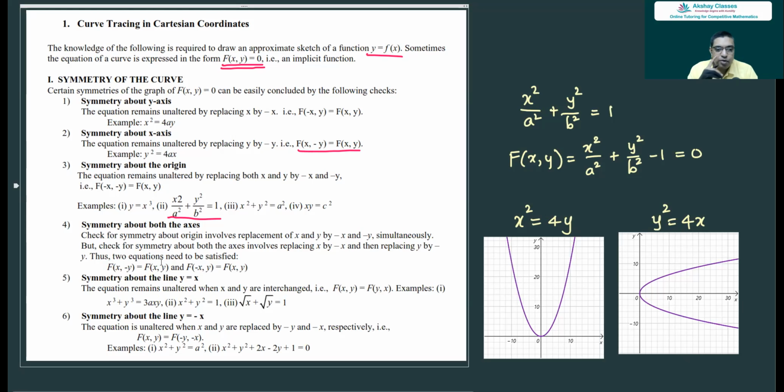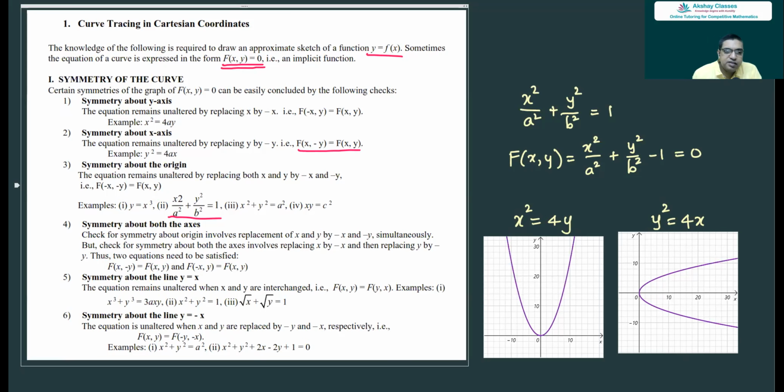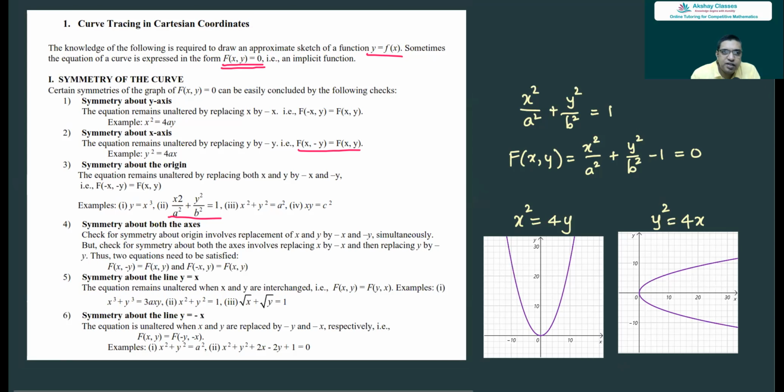Now symmetry about the origin. There is a difference between point number 3 and point number 4. This is symmetry about both the axes, which means both of these are simultaneously satisfied.